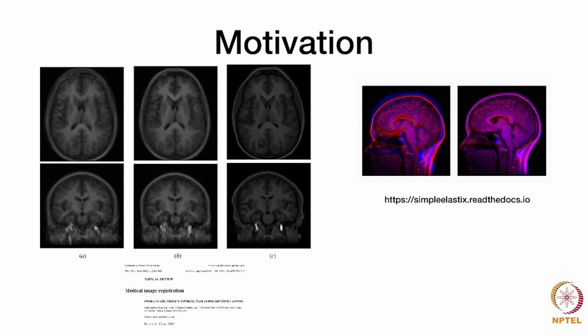Okay, so in all these applications, of course, registration plays an important role, and based on the type of transformation that you use, techniques can broadly be divided into rigid transformation based registration techniques and non-rigid registration techniques. So this week we will look at rigid registration techniques.